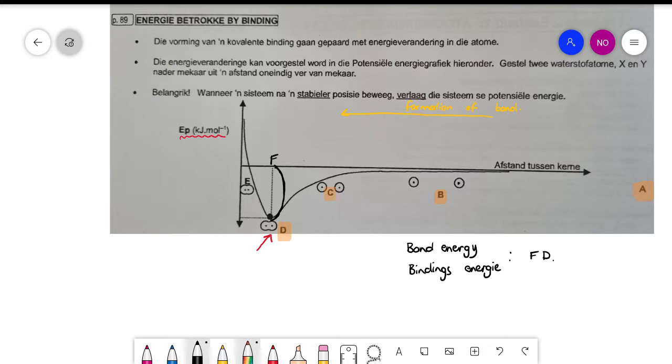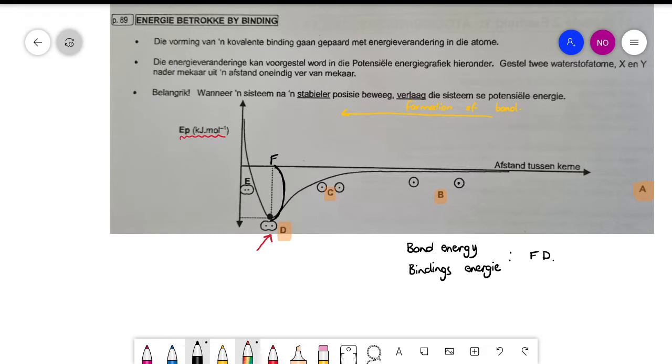Okay, so sê nou maar ek gee vir jou 'n grafiek en ek nommer hom A, B, C, D, E en ek vra vir jou, skryf vir my neer wat verteenwoordig die bindingsenergie van hierdie verbinding. Dan gaan kyk jy daai punt waar hy op sy heel laagste is en jy lees hom reguit so af op die y-as. The bond energy. Okay, if I asked you for, let's say, it doesn't have to be exactly this.